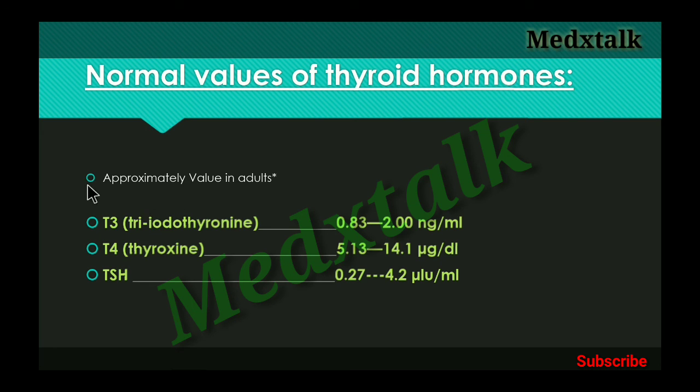Here are the laboratory findings, and we have discussed the clinical findings. We discussed all about hyperthyroidism, which is mainly an endocrine disorder caused by increased T3 and T4 in the blood circulation.